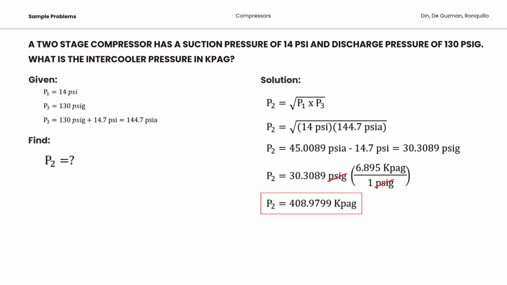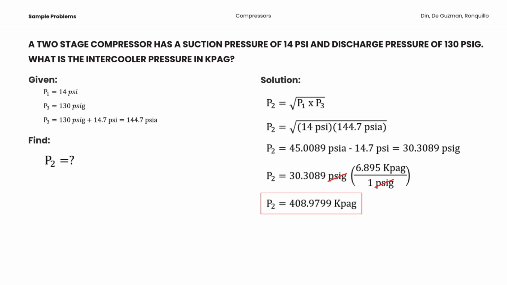So we can turn the psi gauge to psi absolute by adding the psig to the atmospheric pressure. So 130 psig plus 14.7 psi turns it into 144.7 psia. Now we can substitute this given to the formula.